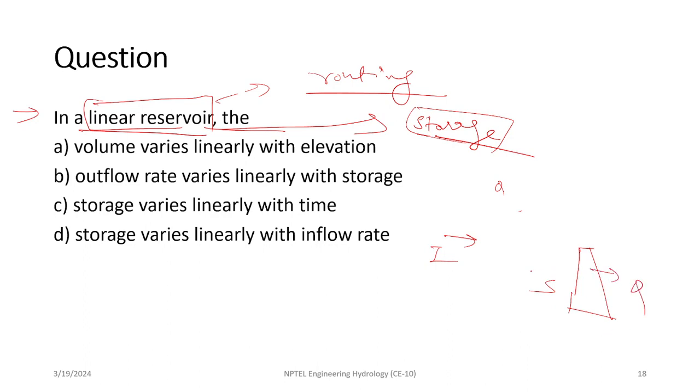So why are they saying linear reservoir? Because they are assuming that the outflow will have a linear variation with the storage. This is the assumption mentioned while we are discussing the linear reservoir.